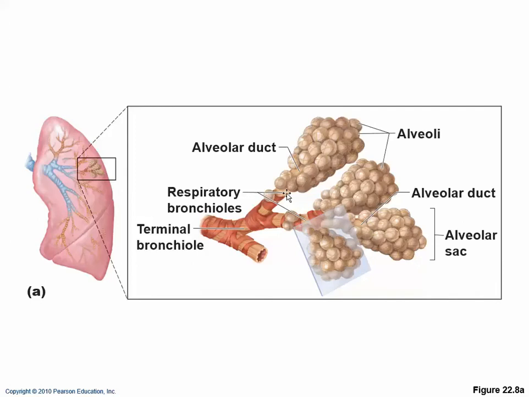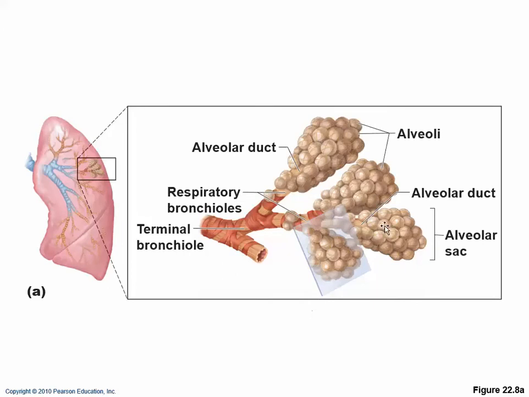These are completely covered in capillary beds to facilitate gas exchange. These are the alveoli, so each one is an alveolar sac here. Alveoli means berry or grape, and so they look like bunches of grapes, and that's why they're called that. A duct runs up the middle of it, and each alveolus is attached to it.